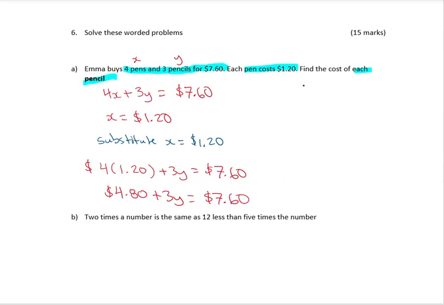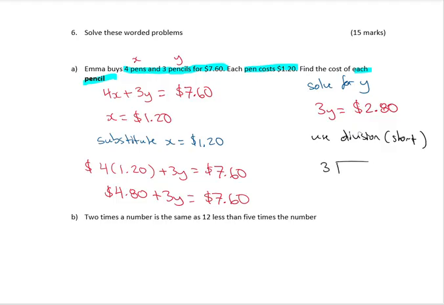Now, obviously, you just solve from here, solve for y. So you should be comfortable with subtracting decimals, but at the end of the day, you would get, let's see, $2.80. And then you just got to use short division to figure it out, okay?